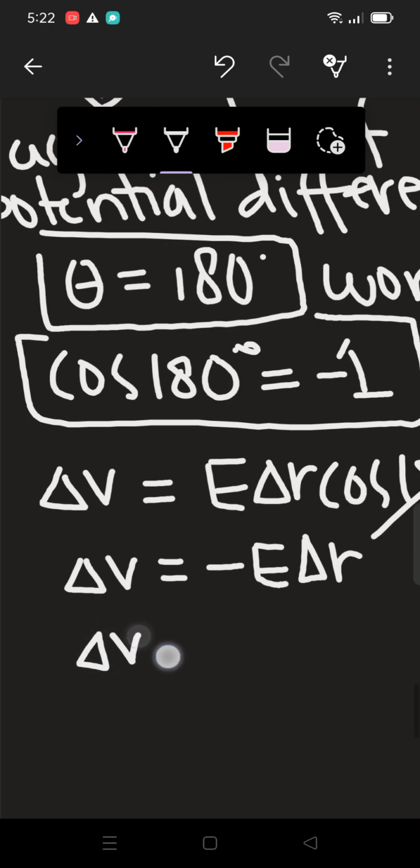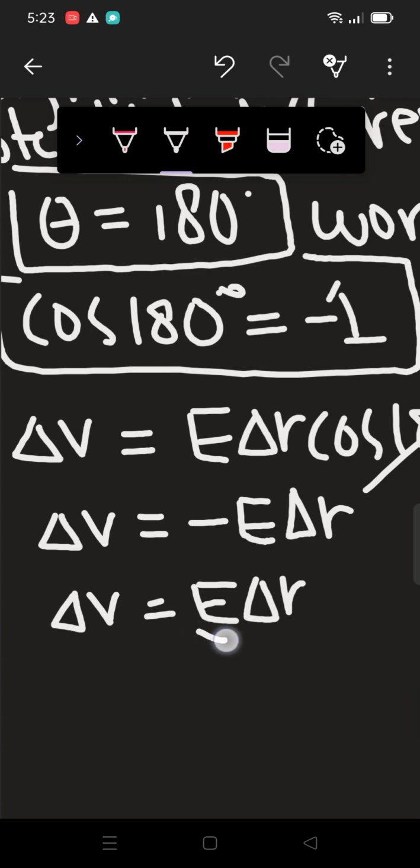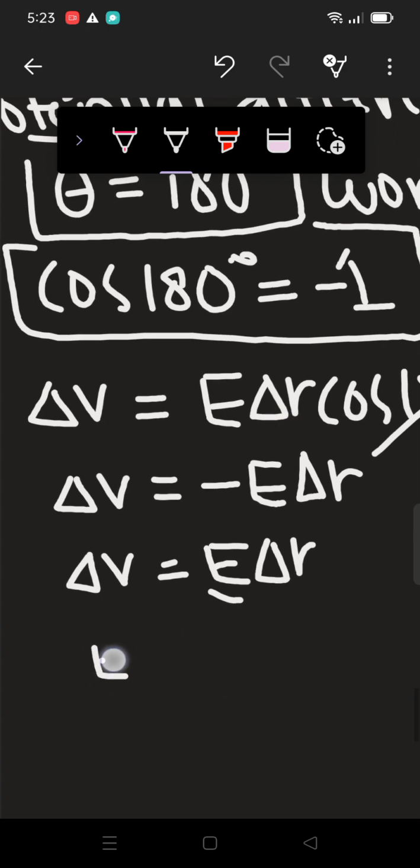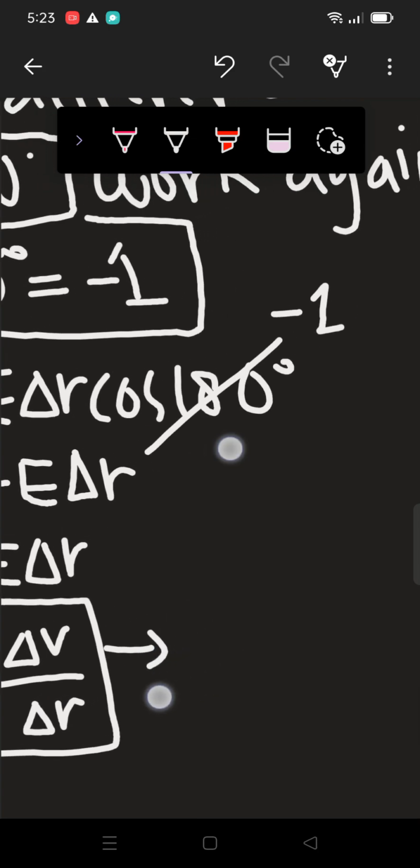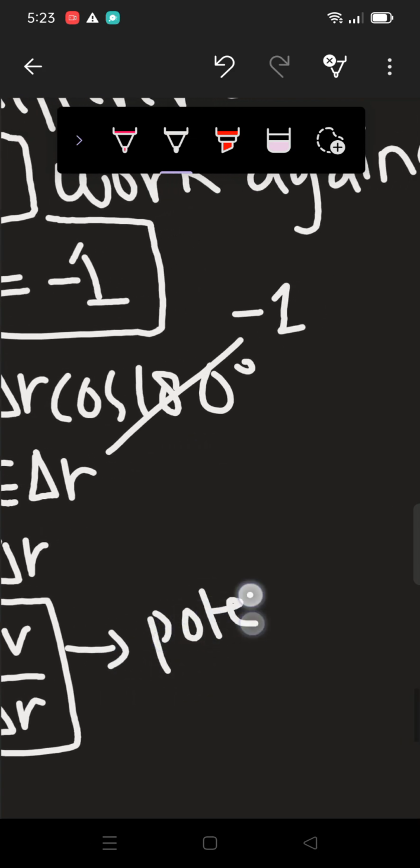So del V is equal to E del R. I want the electric field, so electric field is equal to del V upon del R. This is basically the potential gradient. I am going to tell you what it is.